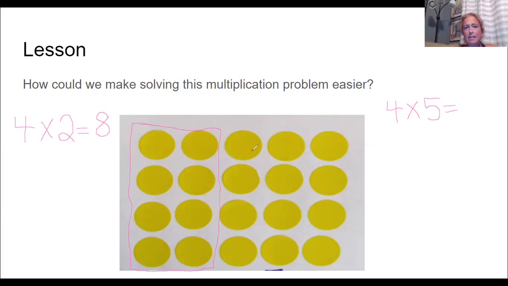Okay. And then our other problem would be right here. And that is still having 4 groups, right? Because we have 1 group, 2 groups, 3 groups, 4 groups. Of what? 1, 2, 3.